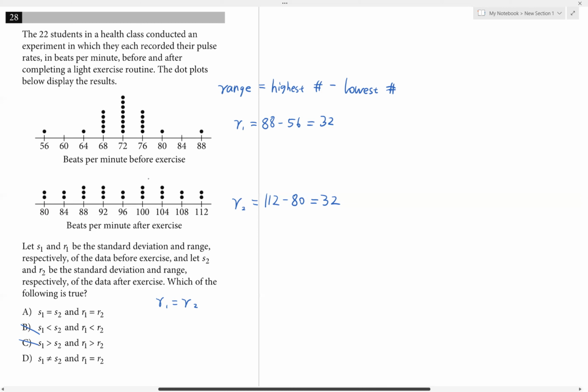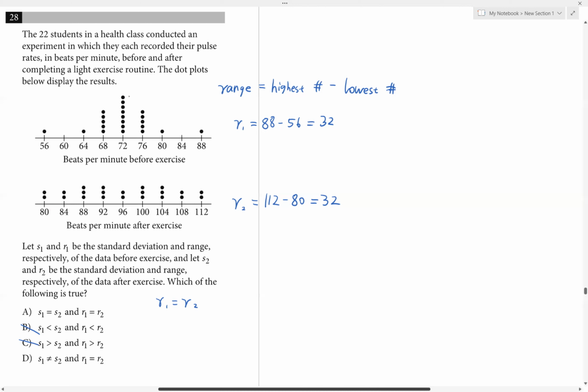The word deviation is difference, right? So standard deviation tells us how much the data on average deviates from the mean, how different it is from the average. So if all the numbers are very close to the average, it has a smaller standard deviation. If the numbers are more spread out, then it has a larger standard deviation.